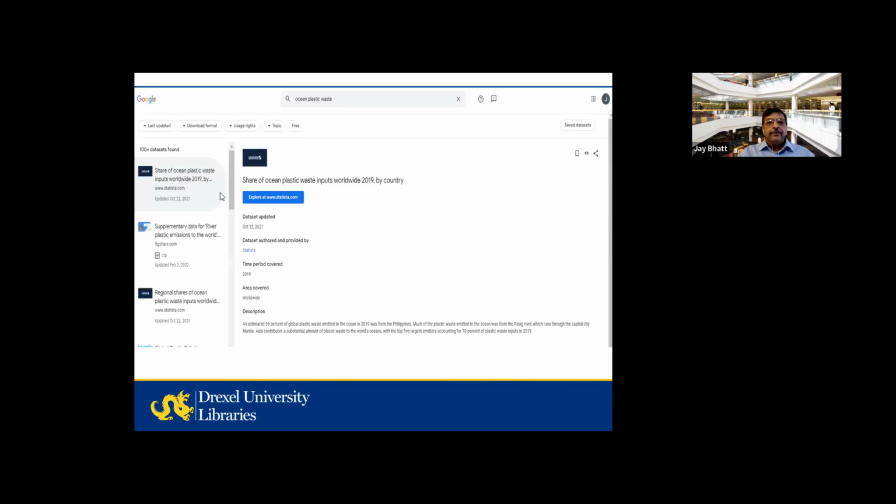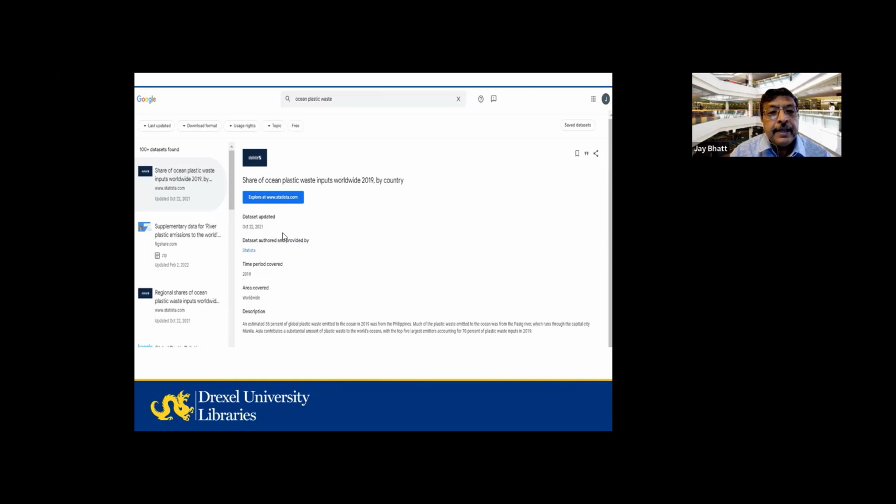And I found more recent data: share of ocean plastic waste inputs worldwide 2019, also updated in 2021. So we found old data, and we used Google Dataset Search to find more recent data.